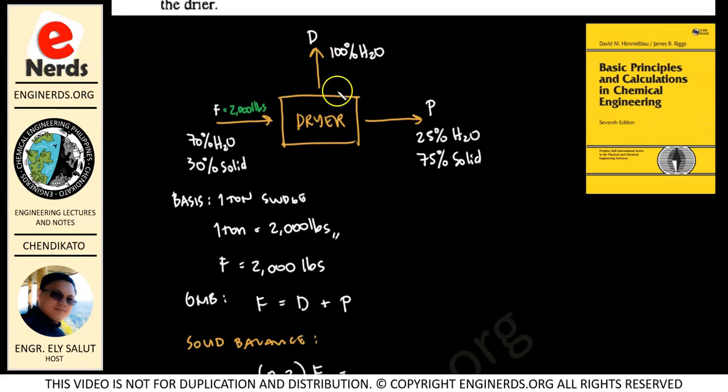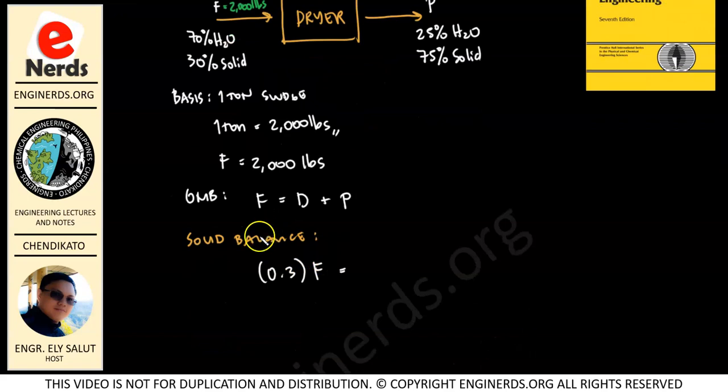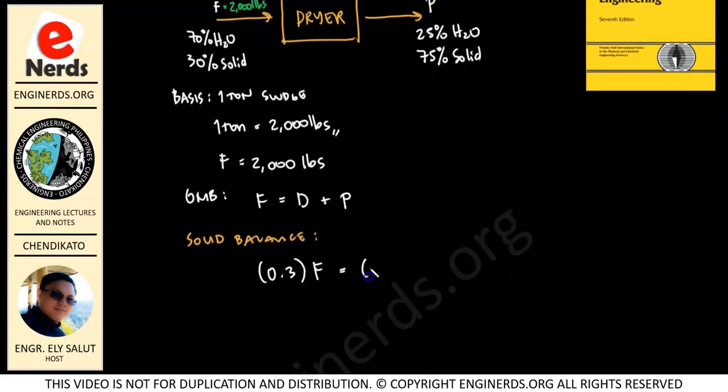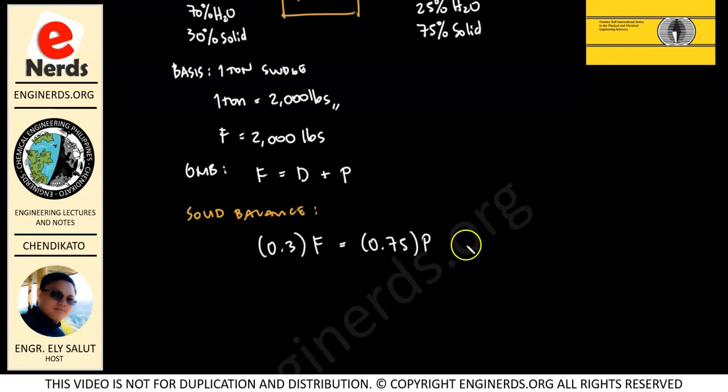So, there will be no solid dito sa ating stream D. Therefore, our solid sa ating product is 75% of our P, so we have 0.75 times P. But we know the value of F. F is equal to 2,000 pounds, so we're going to substitute that here.